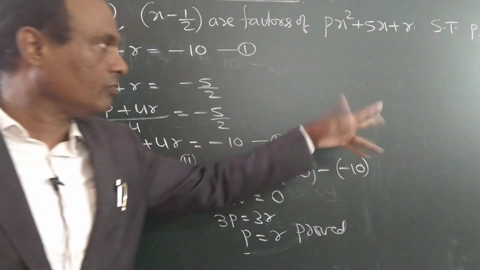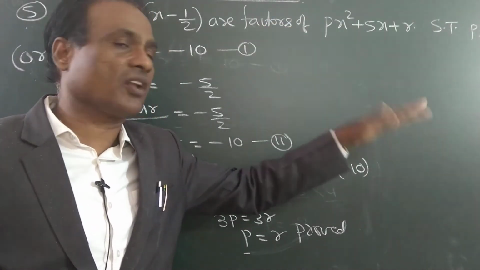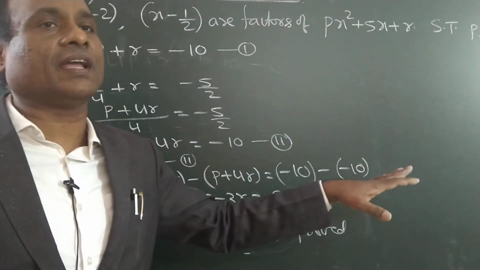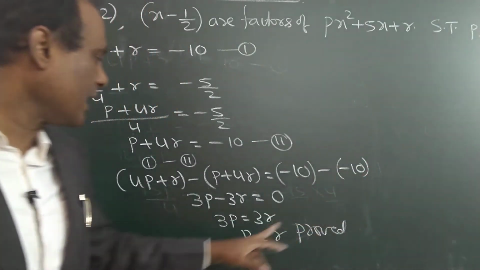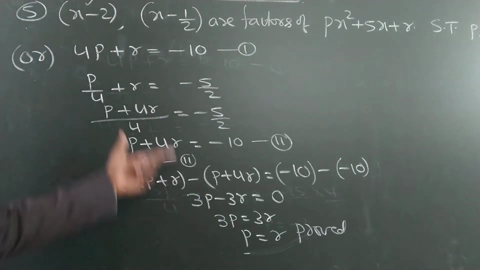Same problem, instead of finding P and R values. In the previous I got P value, R value, so that is also okay. But without finding P and R, directly we can show that P is equal to R by this method.